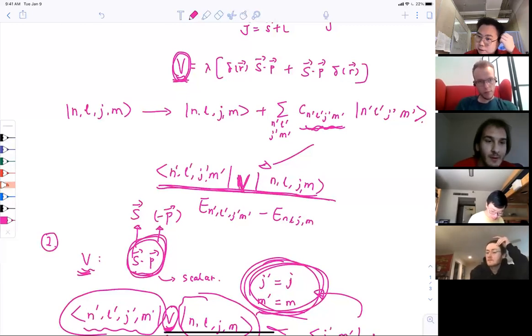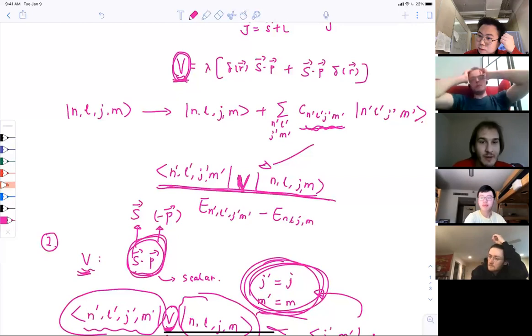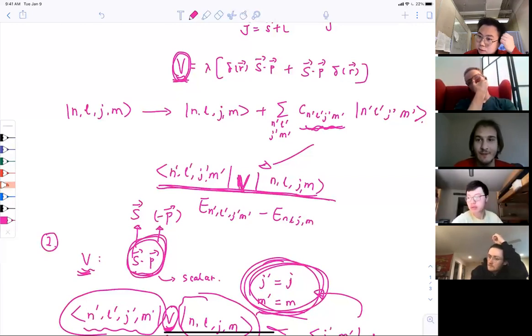Yeah, okay, I think that kind of answers it. But the question was just, how do we know from just the fact that V maps even to odd states and vice versa that there are only going to be states with the opposite parity in the expansion? But I think the answer is just that's to first order, correct?